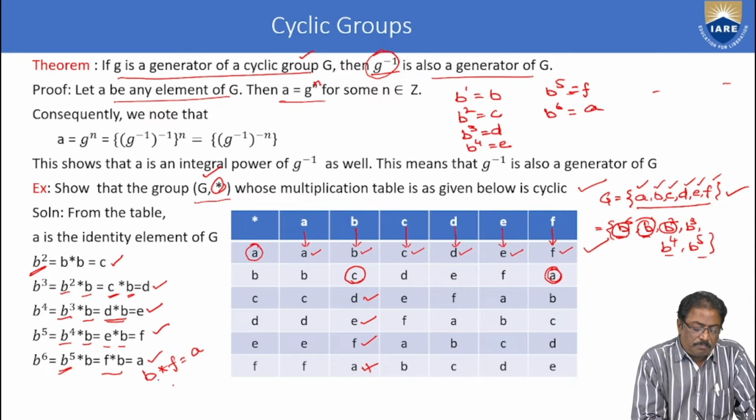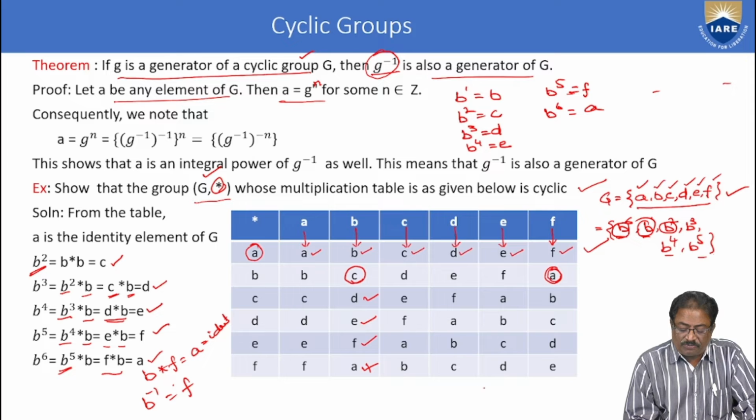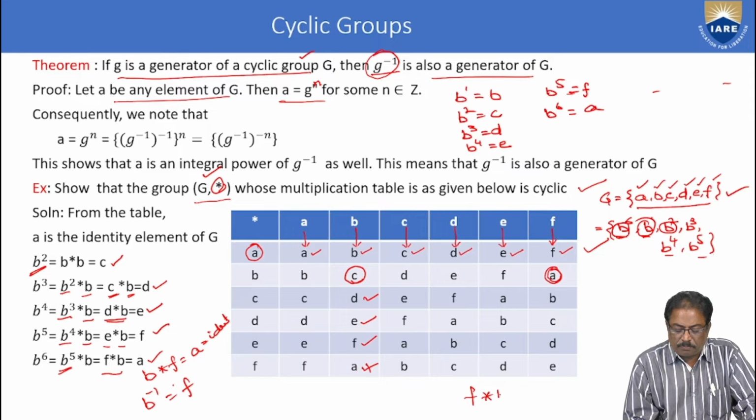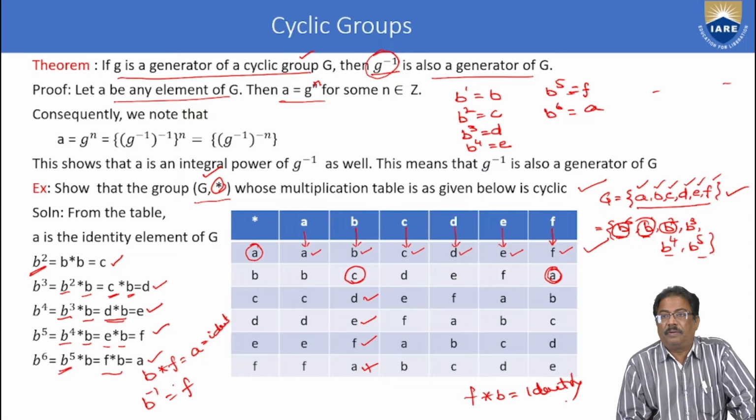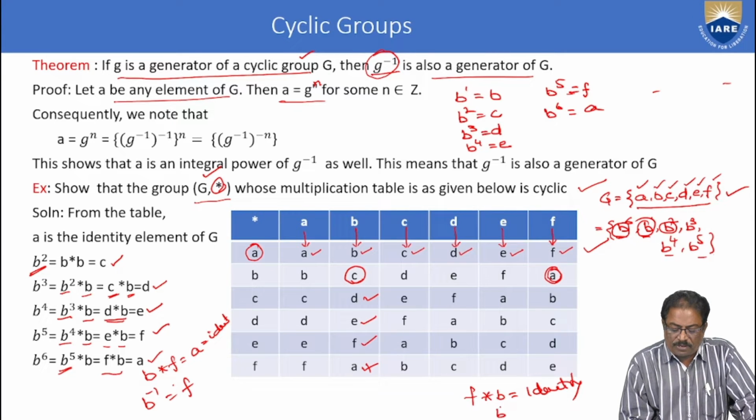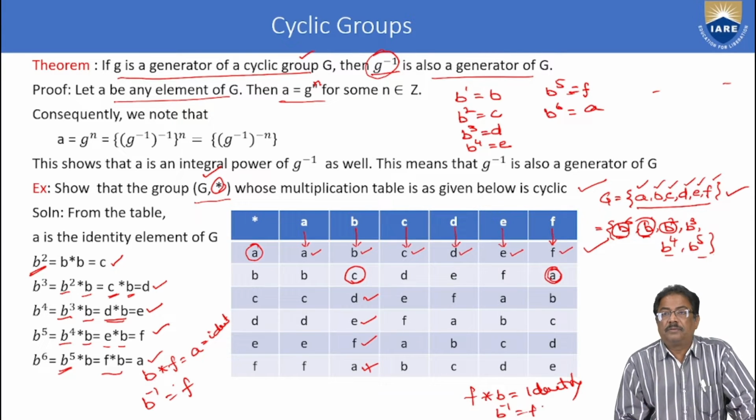So whenever B into F equals the identity element, I can say that B inverse is equal to F. So B inverse is equal to F.